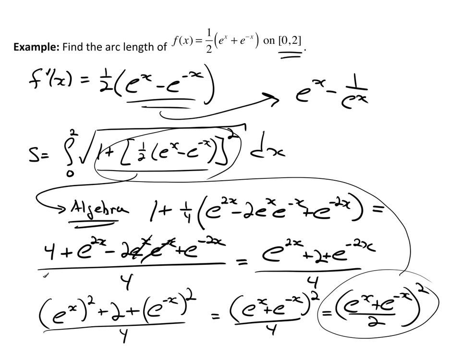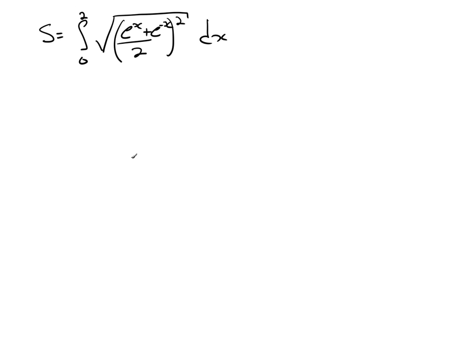So now I can rewrite that integral. I can simply say that the arc length is equal to the integral from 0 to 2 of the square root of ((e to the x plus e to the negative x) over 2) squared, dx.